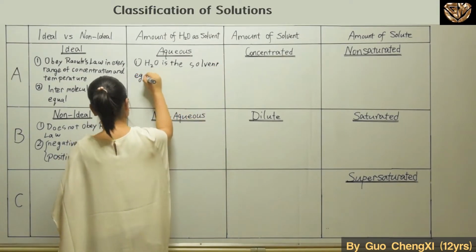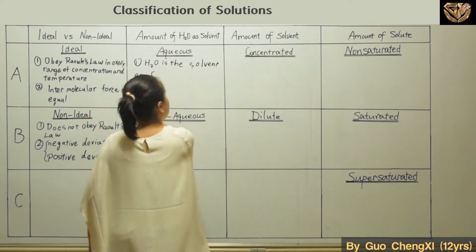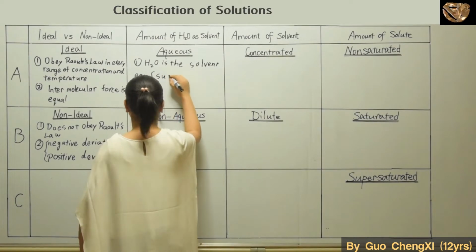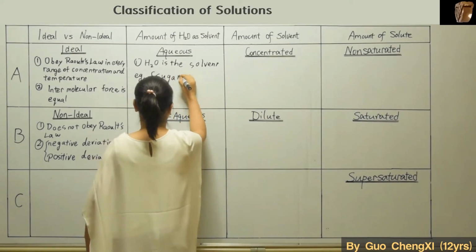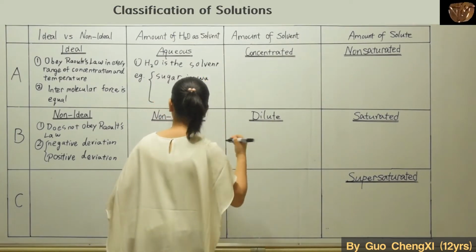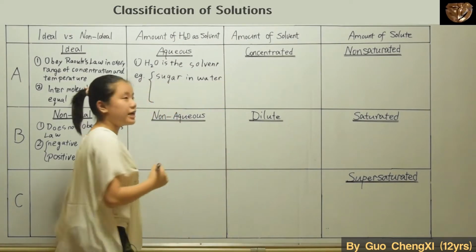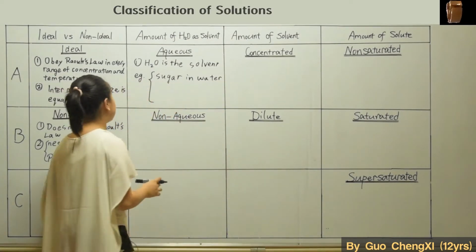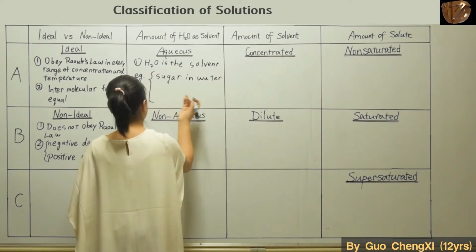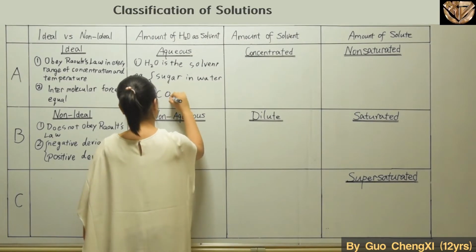and over here we have a few examples. The first one is sugar in water. Yes, sugar dissolves in water. You just mix sugar and water together.